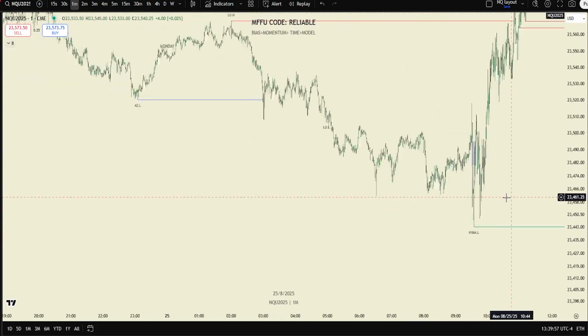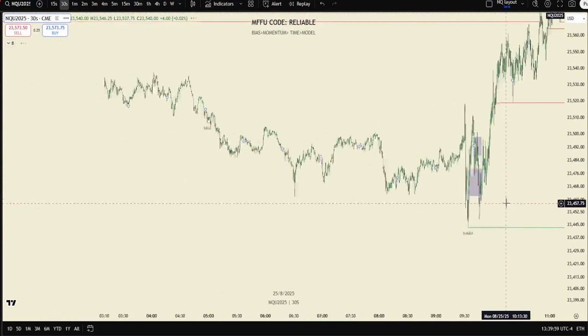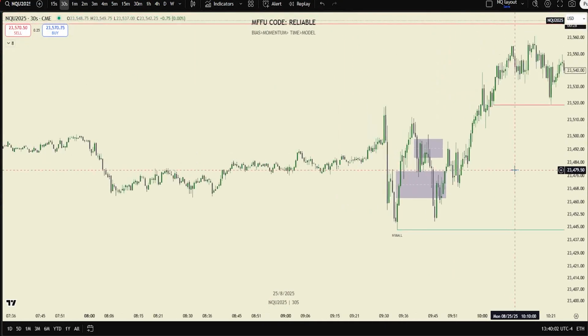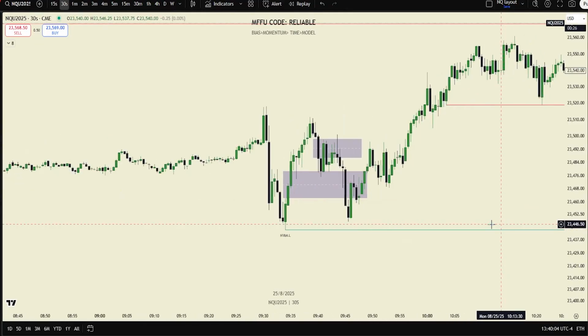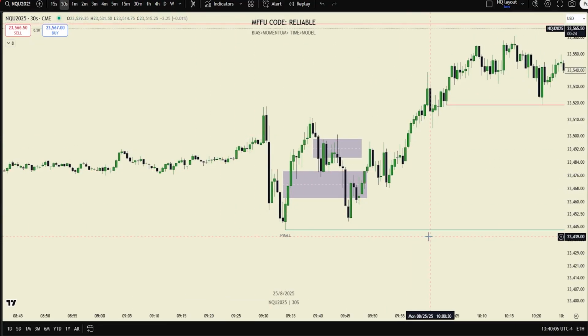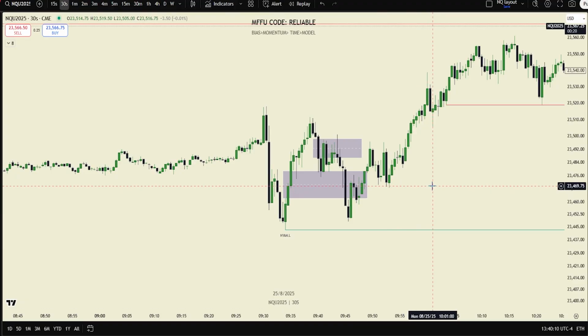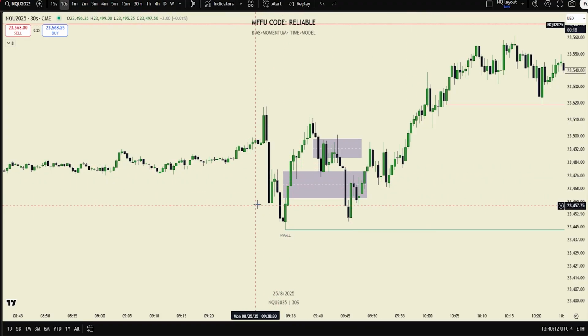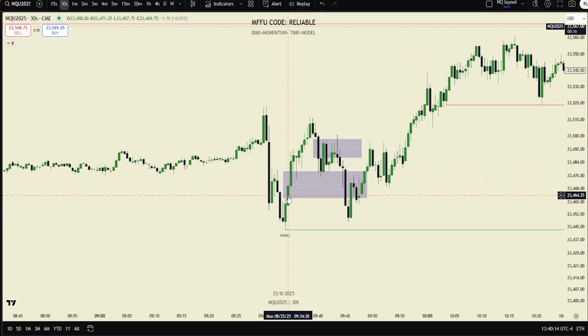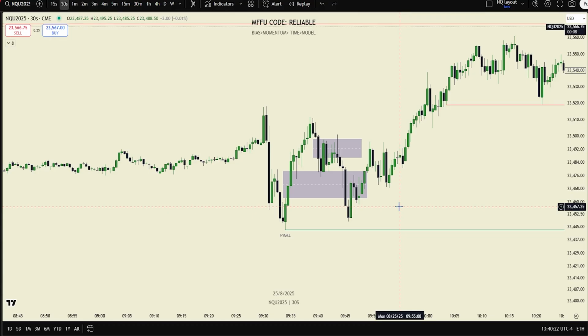You could say this 30-second long probably failed because we were longing in premium of the overall higher time frame range. If we waited for discount of the higher time frame range, it would have been higher probability. But if it works, it depends on whether this long here meets the threshold for you. If you're waiting for the best conditions every single time, you're going to take fewer setups.